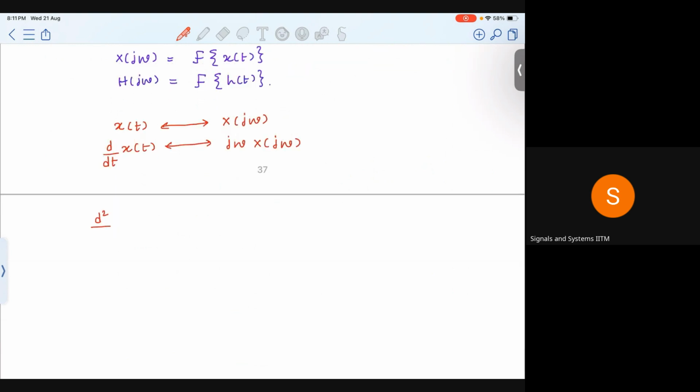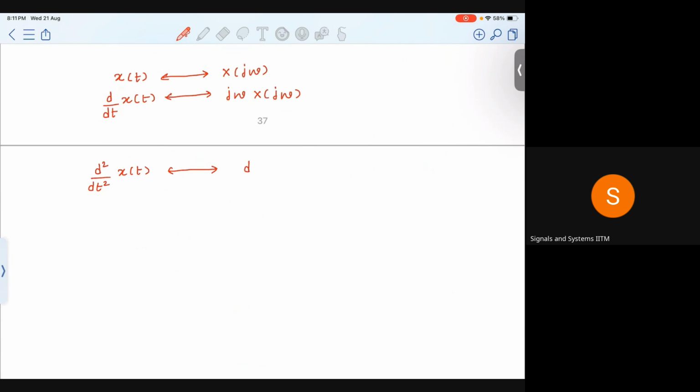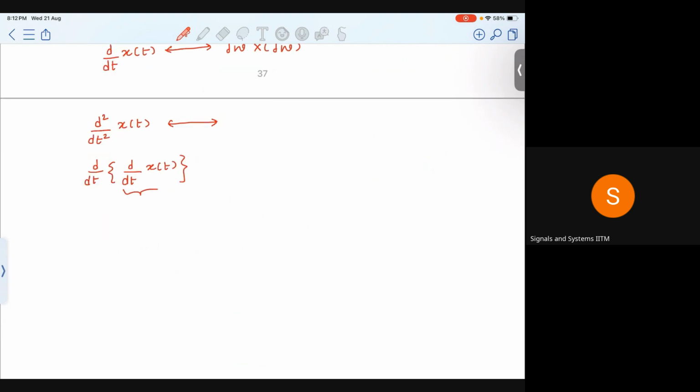Suppose d square by dt square x of t, then what would it be? How can you write this? You can write this as d by dt of d by dt x of t, right? If you call this as x prime of t, this will have Fourier representation x prime of j omega.